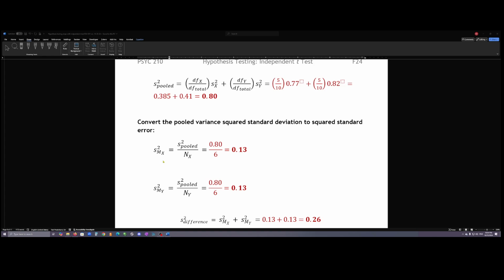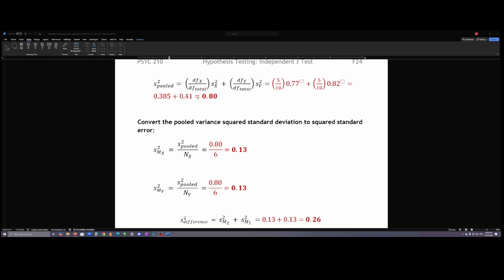So in terms of the contribution from the first group, here you'll notice that we have S sub M, which is for standard error, but it's designated with this superscript 2, which indicates that it's squared, and specifically for the first group, which is why there's this X here.